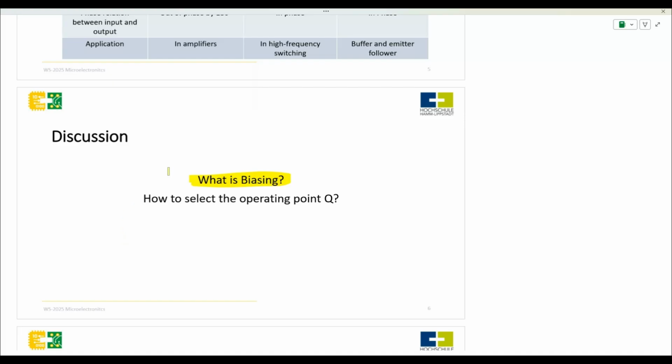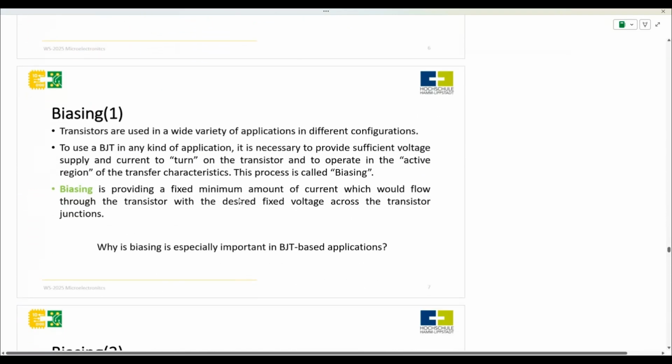The second question is how to select the operating point, the Q point. So biasing, that's the word. What do we mean by that?